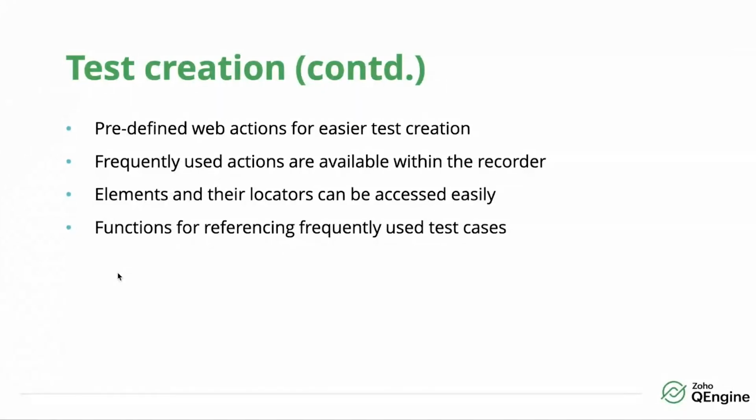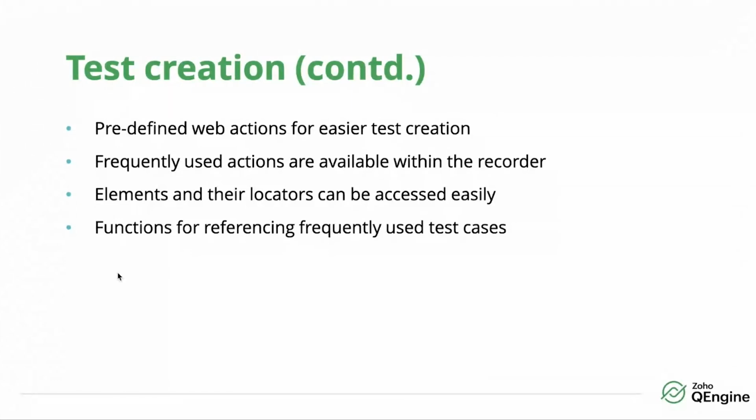And for every website that you encounter or every web application that you are looking at, the elements and the particular locators are captured every single time you are writing a test case. The very first time you are recording, accessing the particular URL or the web application, the elements and the locators are available for you inside the element repository, wherein you can go and add your own elements and locators, or you can edit whatever is available there.